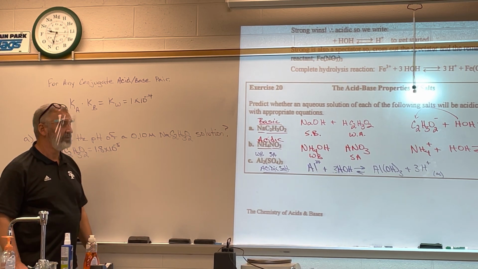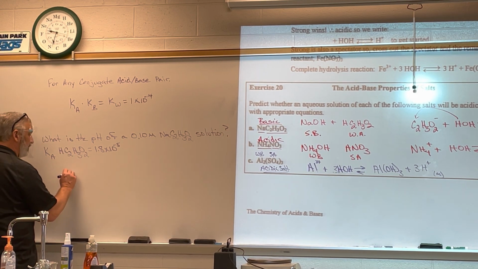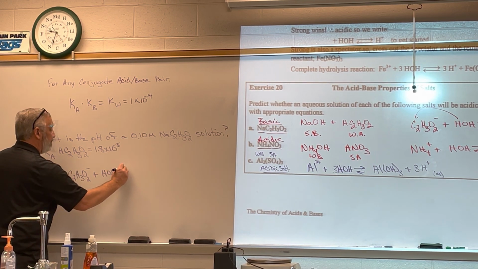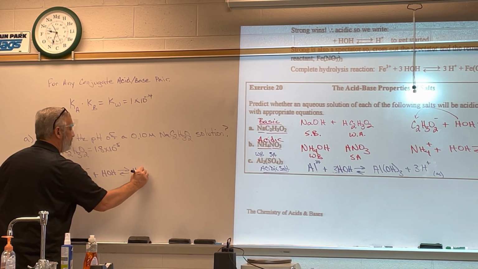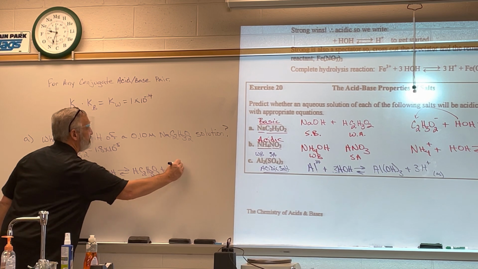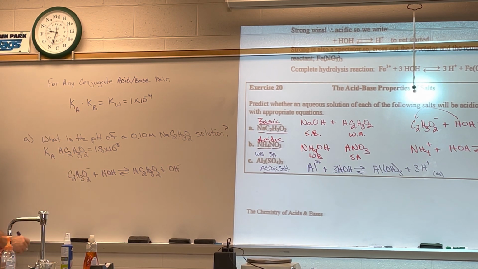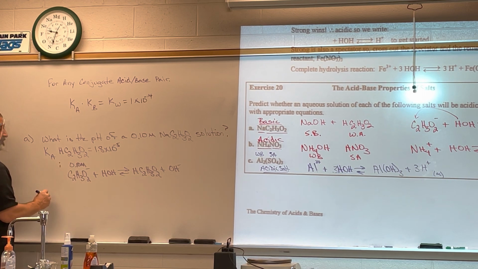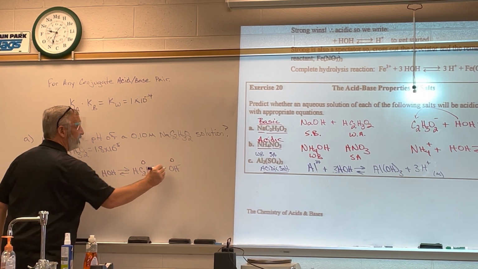Basic, right? So I know that my equilibrium is going to be C2H3O2- plus water going to HC2H3O2 plus OH-. So that's my equation. I have 0.1 molar of this as my initial, 0 and 0.